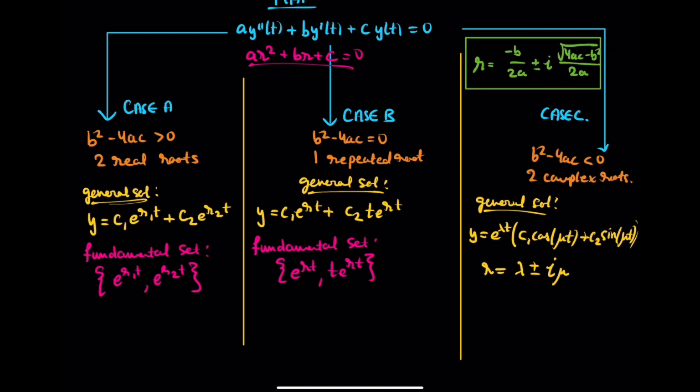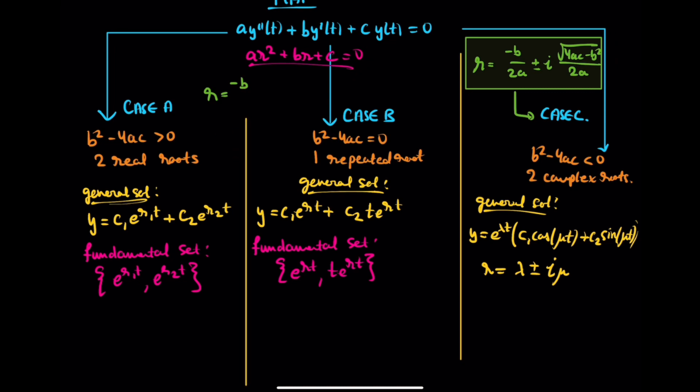Because we don't have an i, we don't have a complex number. So for case A and case B, what we got was r equals minus b over 2a plus or minus the radical of b squared minus 4ac over 2a. That's your r. And this was shared by case A and case B.